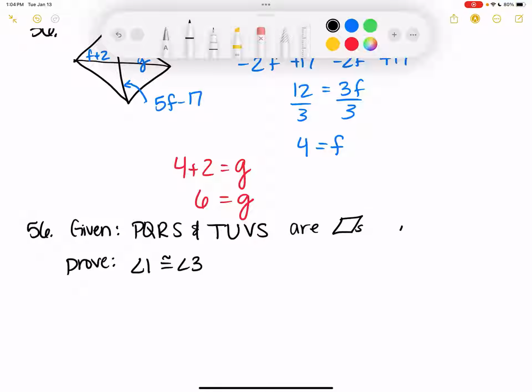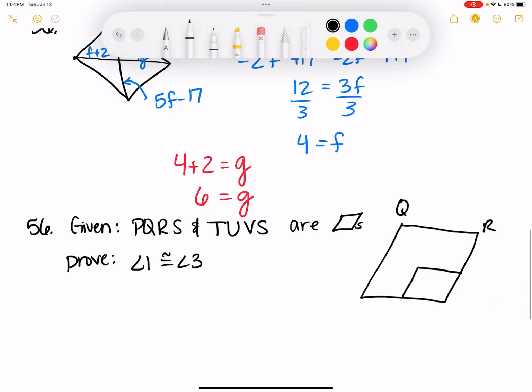So the picture that they give us looks something like this. And then inside of here, this is 1, this is 2, and this is 3.